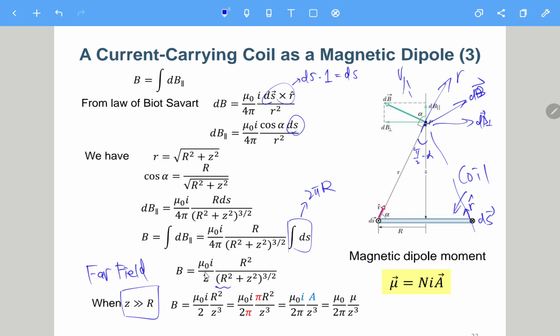All the other things remain the same: mu 0 I over 2, R squared still there, and this whole term becomes z cubed due to the far field condition.